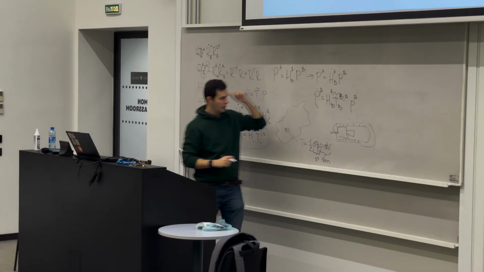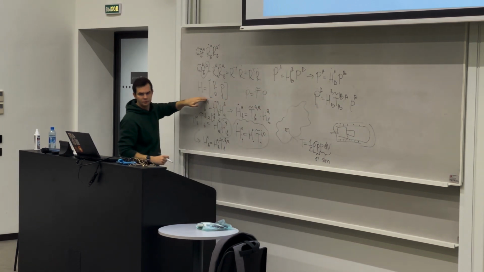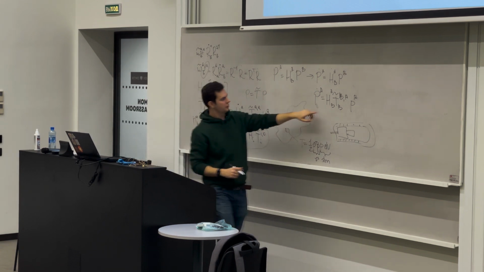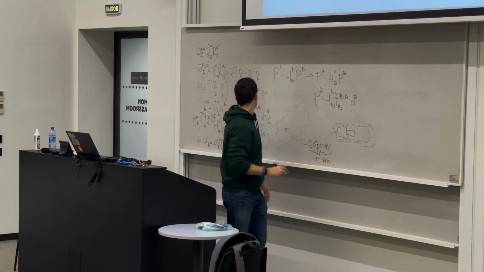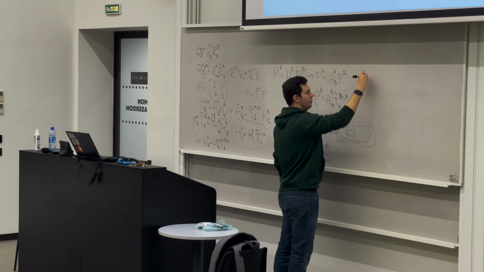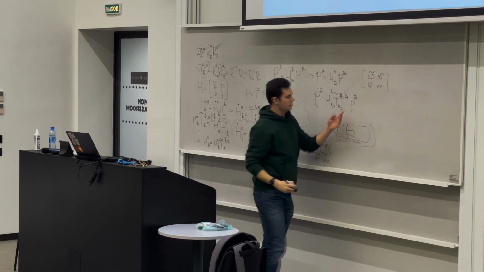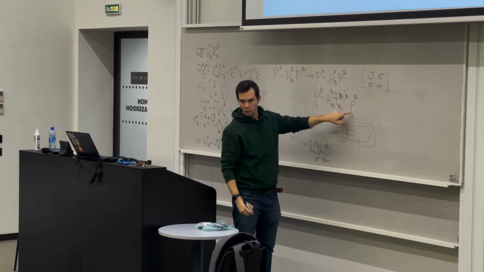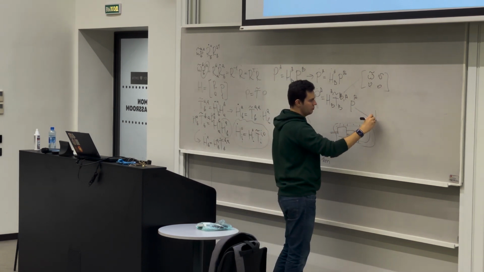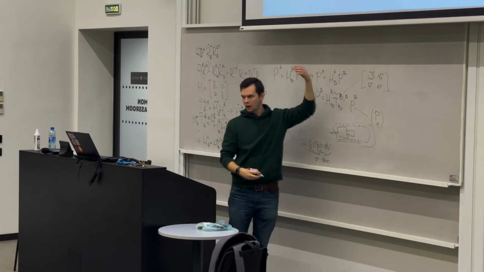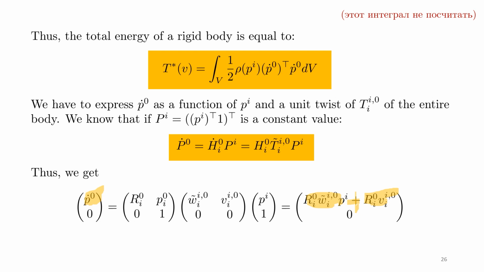Okay. So now instead of H, we can put this equation. Instead of twist, we can write the expression for the twist, where we have the skew-symmetric representation for angular velocity, V, 0, 0, and P. Here you have a P capital, so P capital equals P with a 1, so it's a column of 4 entries.